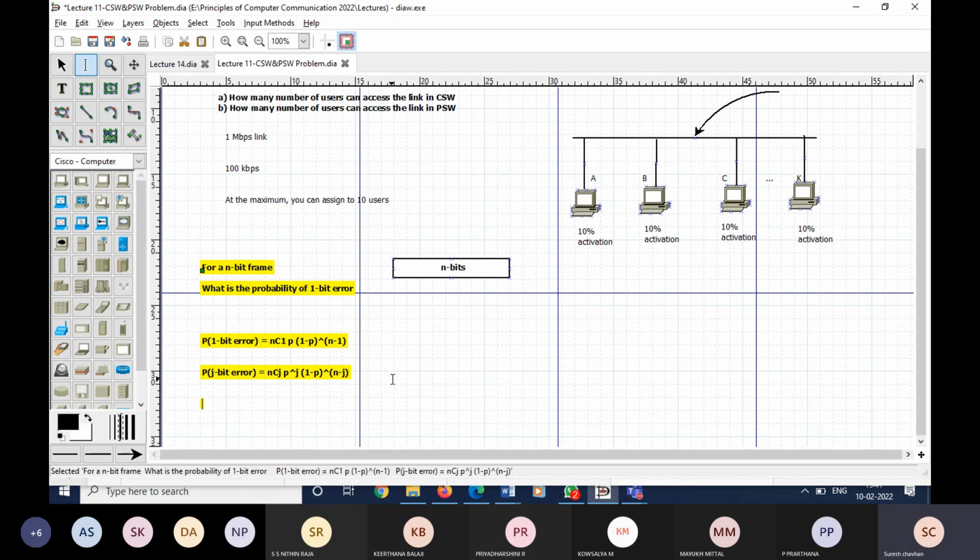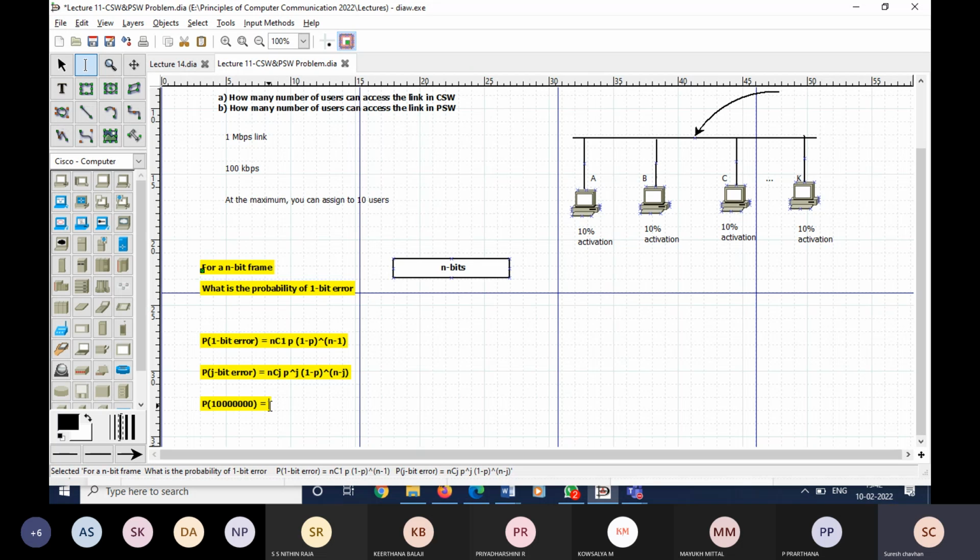Suppose, in general, the bit errors are random, right? And I have n bits, something like 1 0 0 0 0 0 0 0. So what is the probability of 1 followed by 7 zeros?